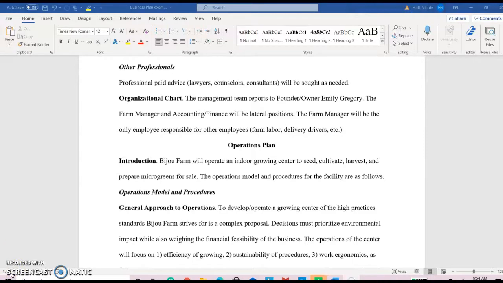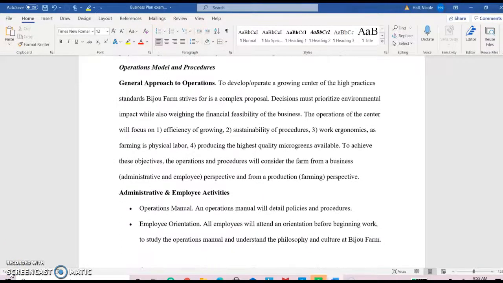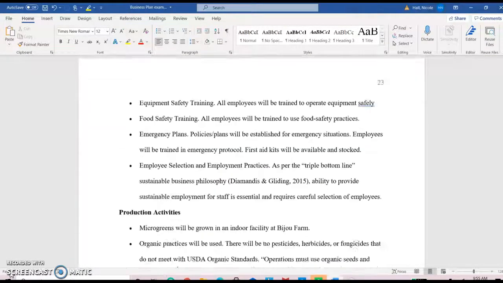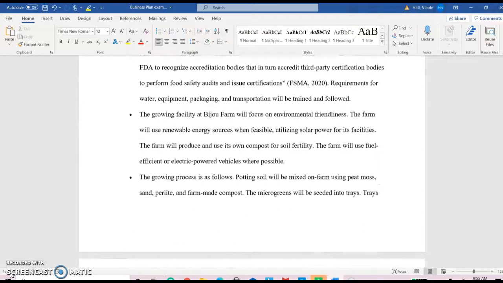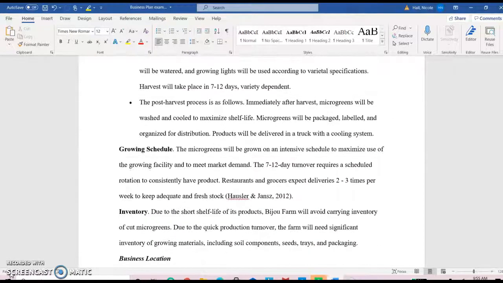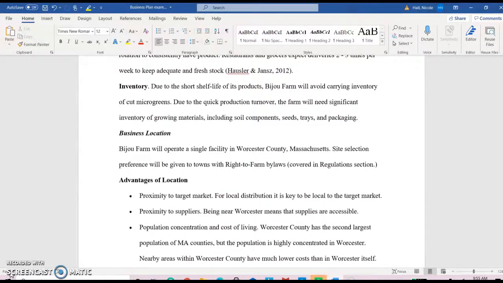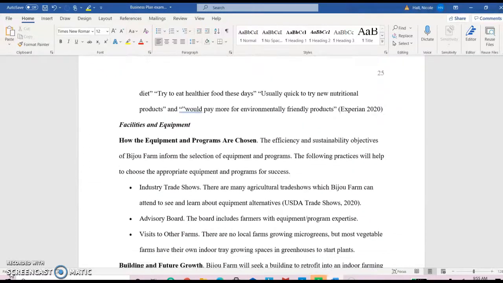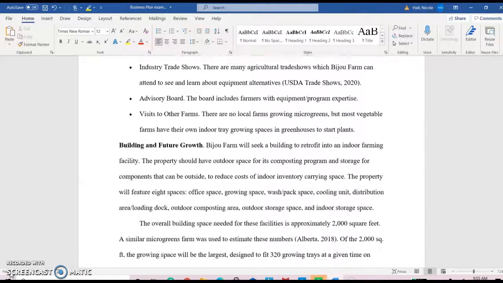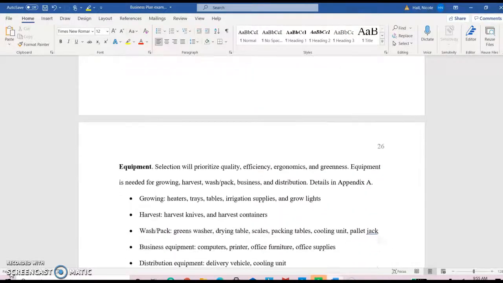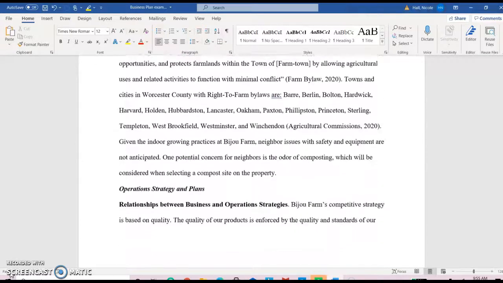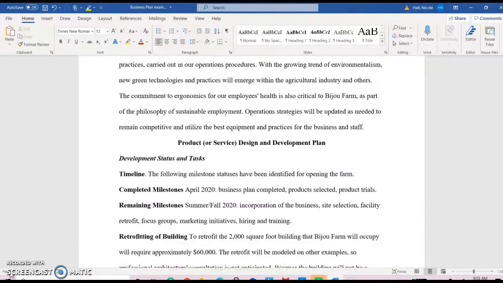So for this section, you have a brief introduction, your general approach to operations, administrative and employee activities, production activities, growing schedule, inventory, business location, depending on the business, your facilities and equipment, and then the building and future growth. And then going over any government codes and regulations that are necessary.